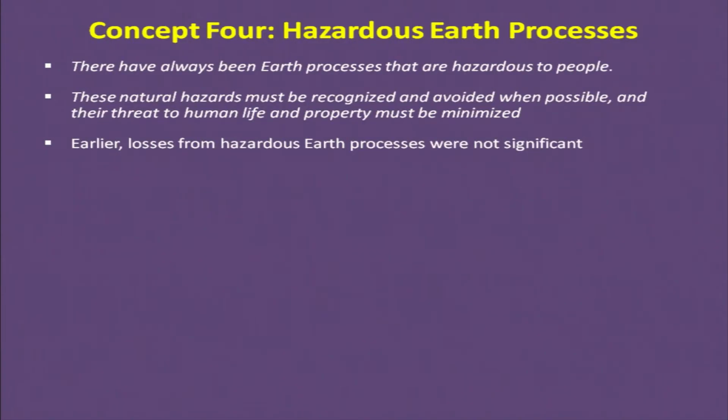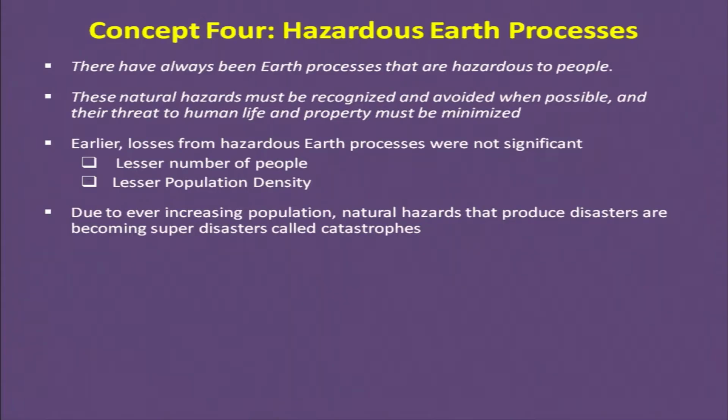Earlier, losses from hazardous earth processes were not significant, and one of the reasons was the population. A lesser number of people were there, lesser population density, and further, due to ever increasing population, natural hazards that produce disaster are becoming super disasters called catastrophes.